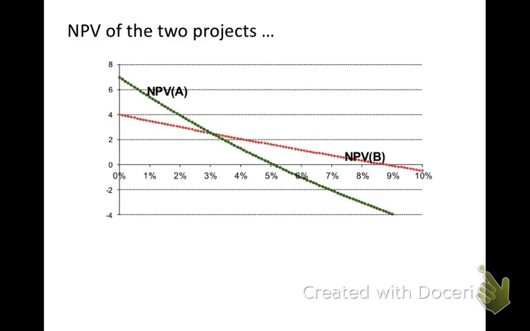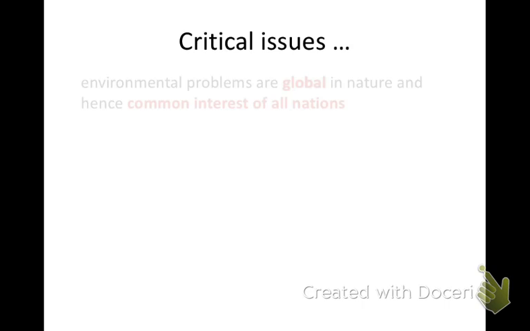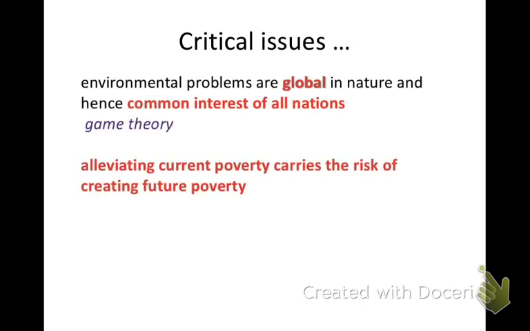Depending on the discount rate, we have different net present values. For instance, what if the discount rate is 0 and you have 7 and 4? What does it mean, 7 and 4? It is just the sum of the costs and the benefits.